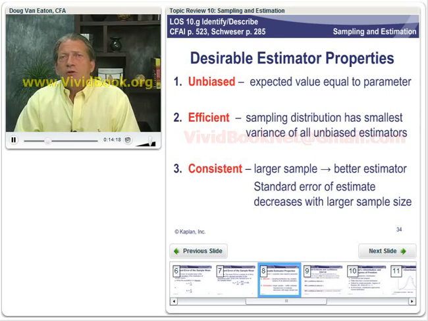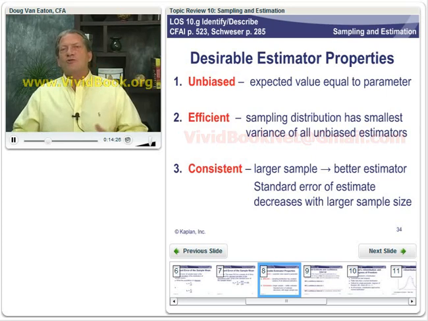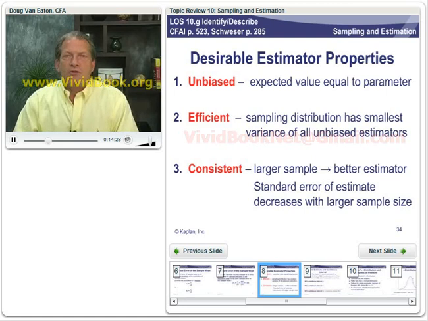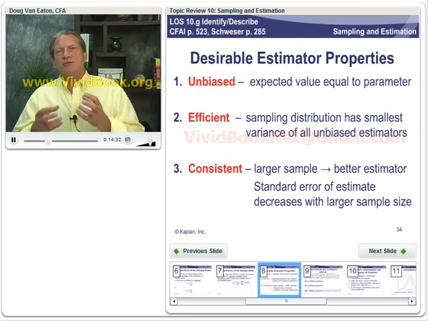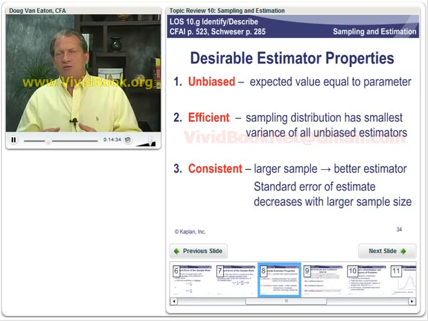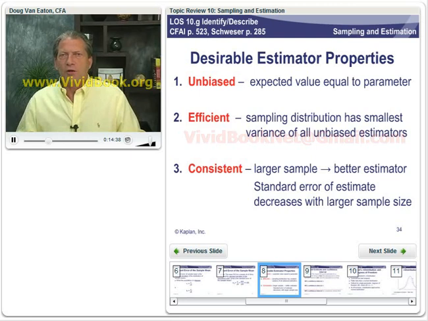And our third property of an estimator that we want to see is consistency. Consistency means the larger the sample, the better the estimator. Well, grab a sample of balls and take the mean as an estimator of the true mean of the population of balls in the barrel.